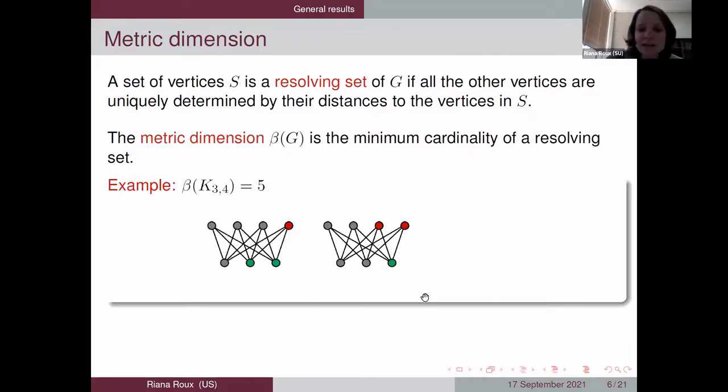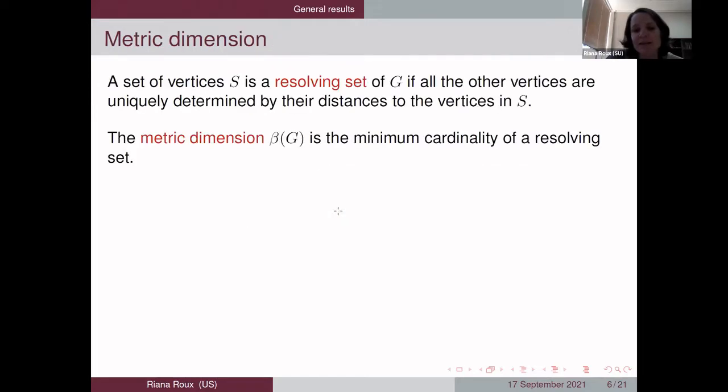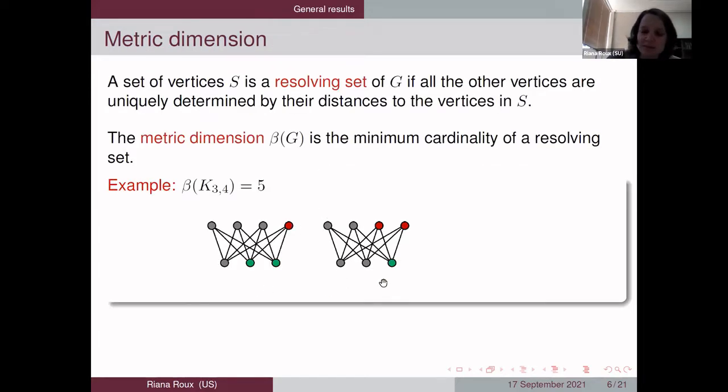So just to illustrate the metric dimension of a graph, we've seen 2 slides ago that if we look at this complete bipartite graph, 3 vertices won't form a resolving set because there is a set where the robber can hide. If we now pick 4 vertices, there are 2 options for 4 vertices, and we can see the same thing happen.